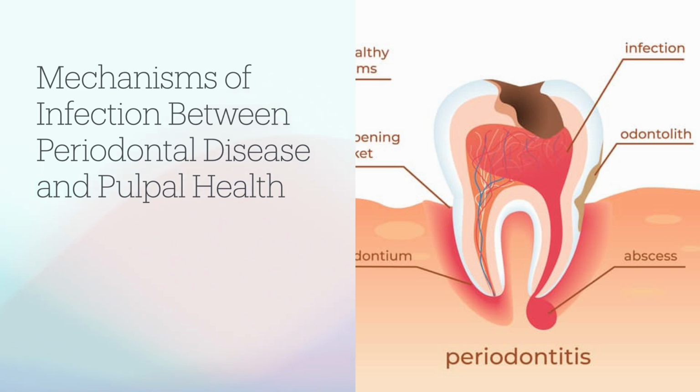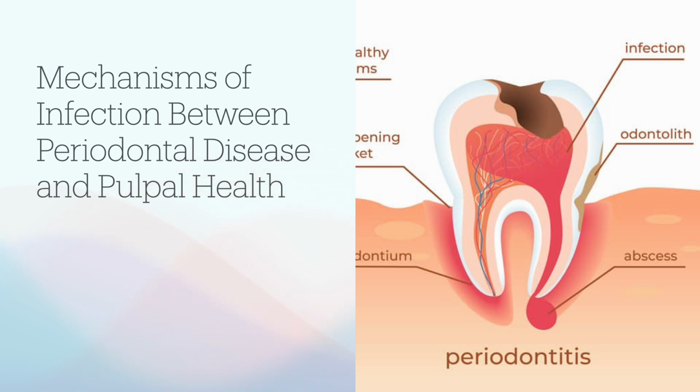The study identified several routes, including dentinal tubules, lateral and accessory canals, and the apical foramen. When the cementum layer is compromised, these pathways can facilitate the spread of bacteria from periodontal pockets to the pulp, leading to inflammation and necrosis.